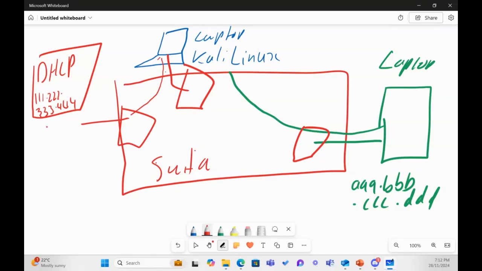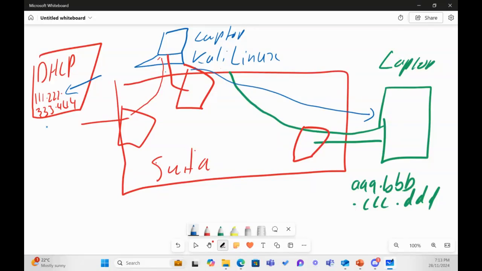This laptop has been listening to this traffic, and it notices that the DHCP server has the MAC address. That Kali Linux will say, you know what I'm going to do? I'm going to pretend that I have that MAC address, that it belongs to me. So it will send out that MAC address as if it belongs to this machine, and it will say, look, yeah, I'm a DHCP server.